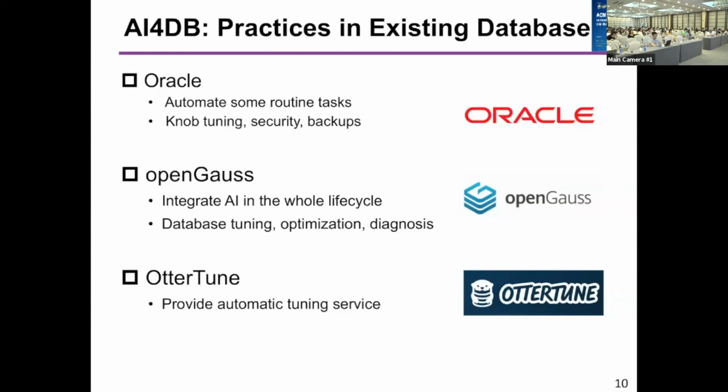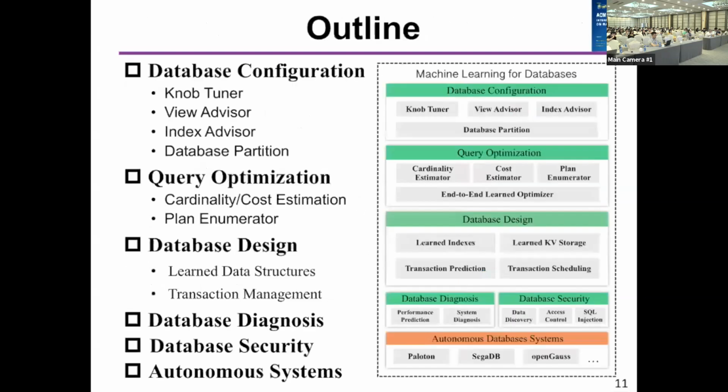And Auto Tune is a new company that wants to use machine learning techniques to optimize the database and tune knobs. So I think there are lots of opportunities to deploy machine learning techniques inside the database, and this is a call for arms for the database community to work on this and make the database community much stronger.